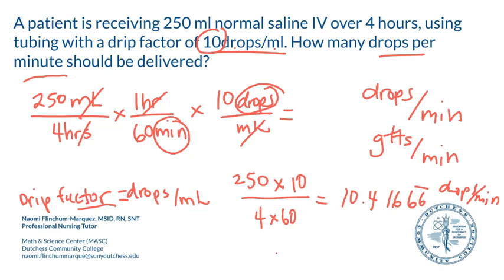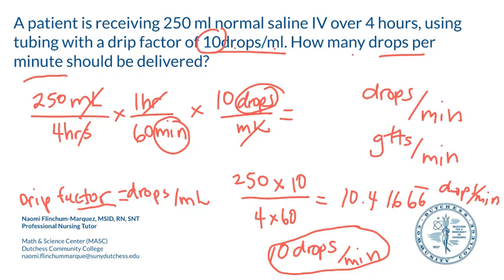And you'll have to verify with your professor, are you going to round up? Are you going to round down with drops per minute? But let's say we'll use just regular math rules. And because this is 0.4, it's not over 0.5. So let's round down to 10 drops per minute.